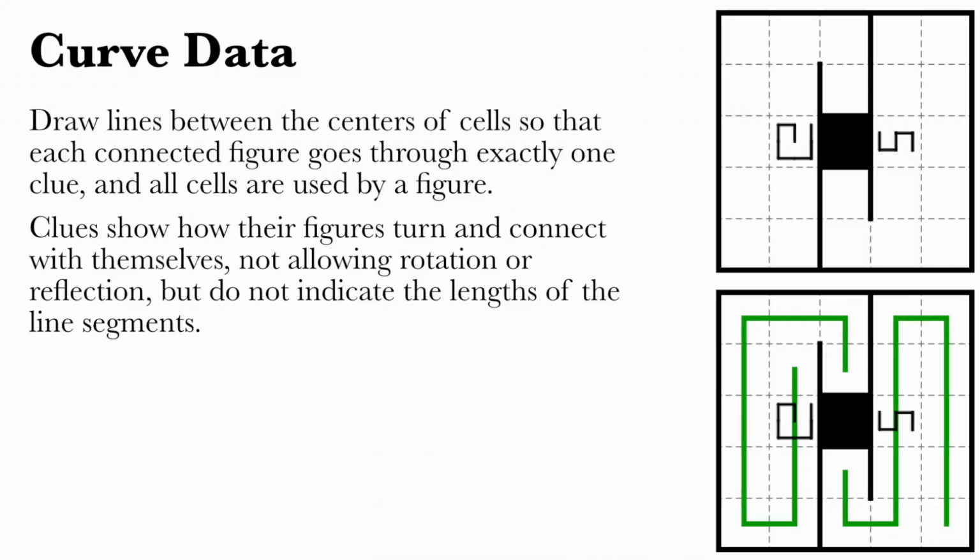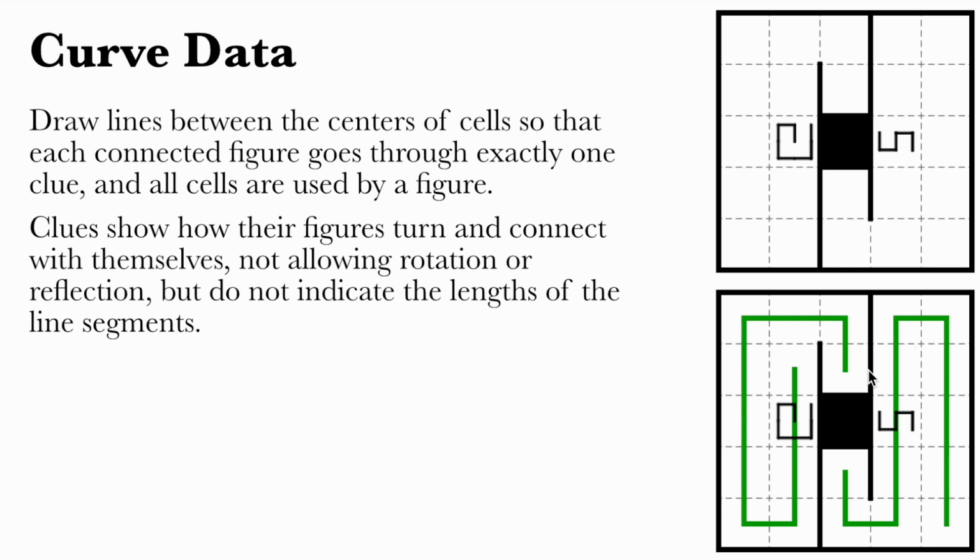But I will, for your sake, try to take my time with it as we take a look at the rules. In a curve data puzzle, we will draw lines between the centers of cells so that each connected figure goes through exactly one clue, and all cells are used by a figure. So the word figure is just referring to a connected set of cells connected by these lines.